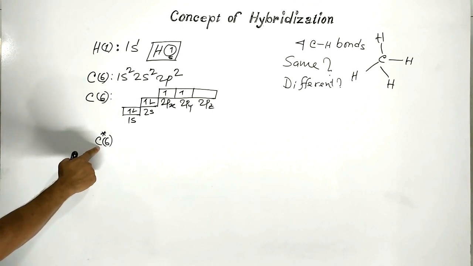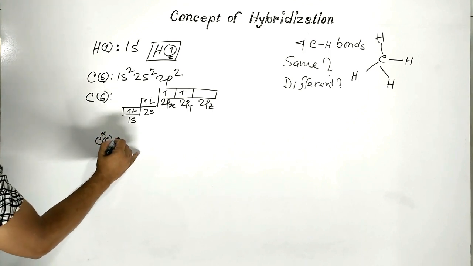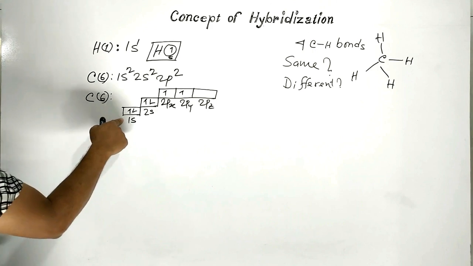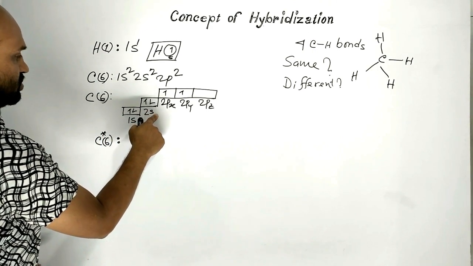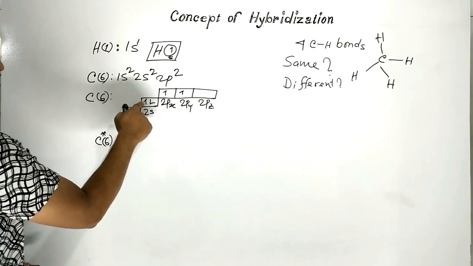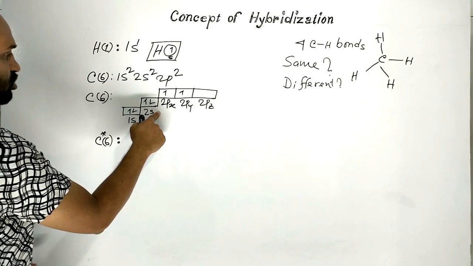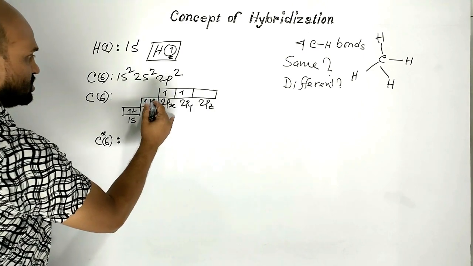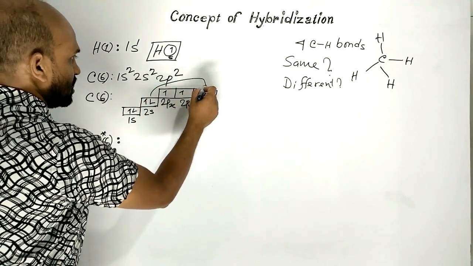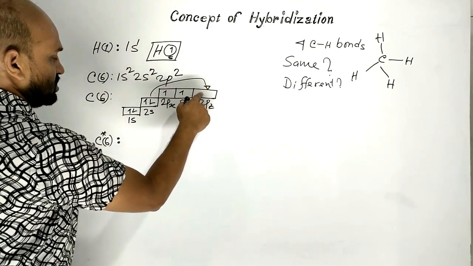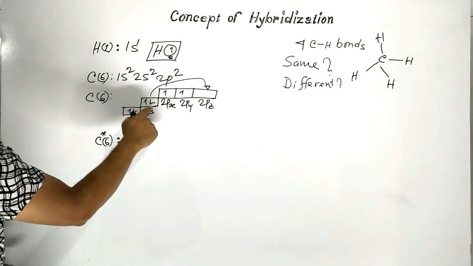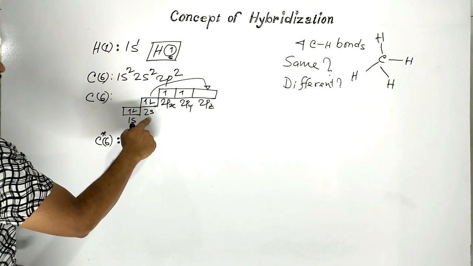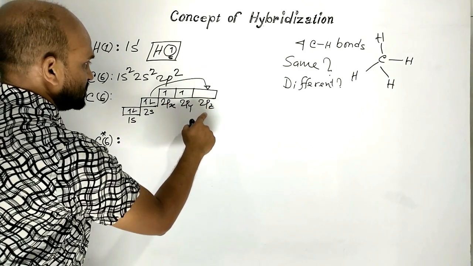When carbon goes to the excited state, denoted by an asterisk, one electron from the lower energy 2s orbital shifts to the higher energy orbital. That is, one electron of the 2s orbital shifts to the 2pz orbital.